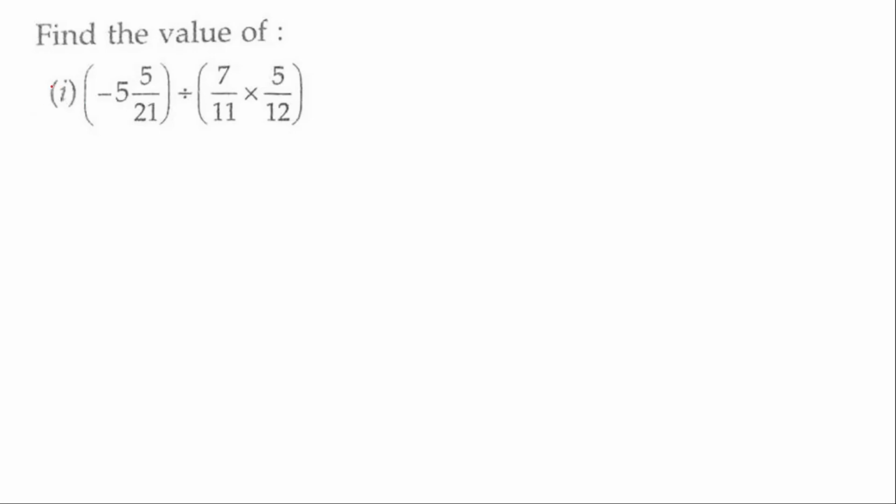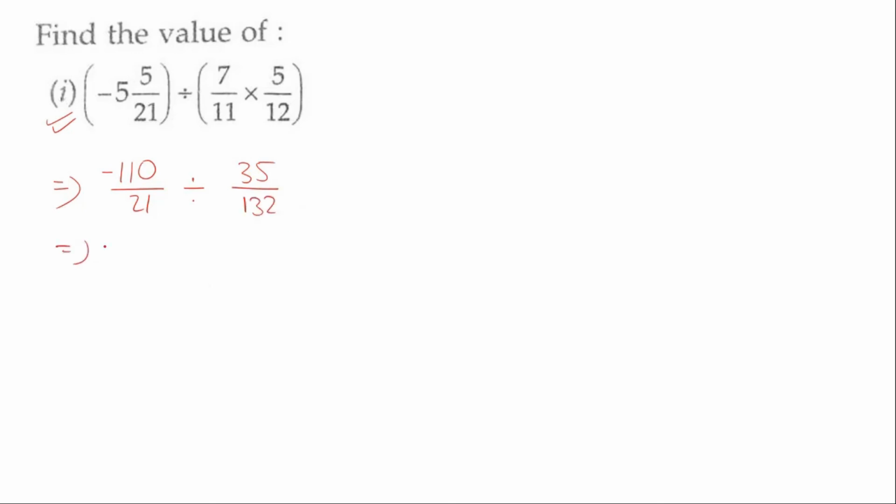So we have to find the value of this equation. So first work is to convert mixed fraction into improper fraction. So we can write 21 into 5 is 105 plus 5, that is 110 by 21 divided by 7 5s are 35 by 11 into 12 is 132.